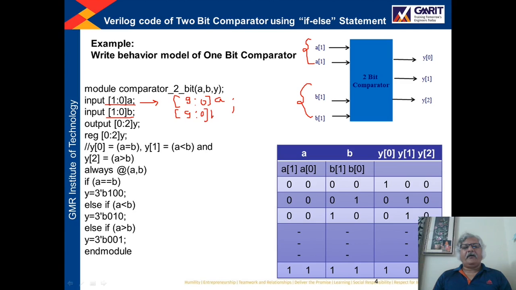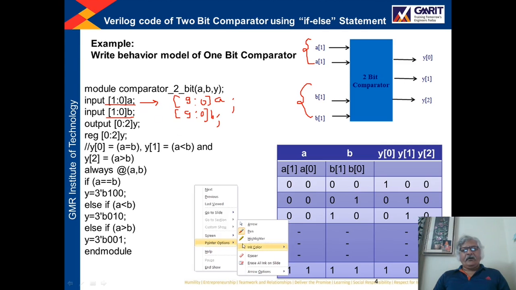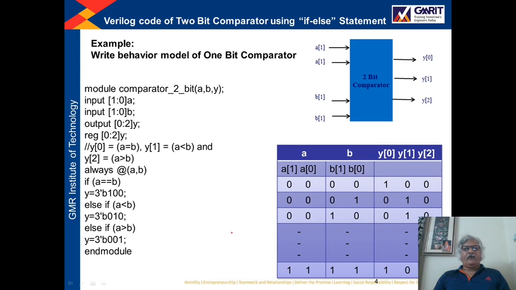So if I modify this program in this way, it will generate a comparator of two 10-bit numbers.